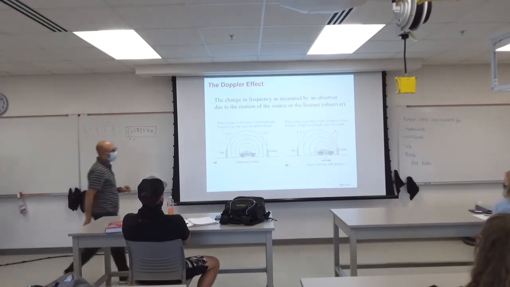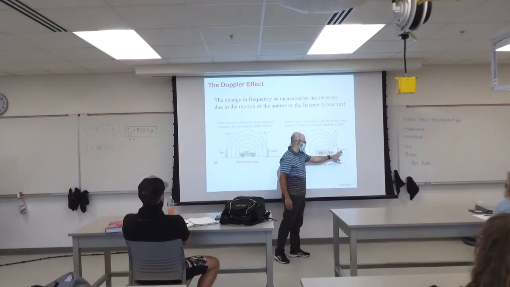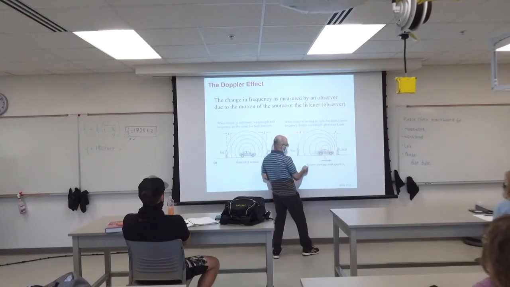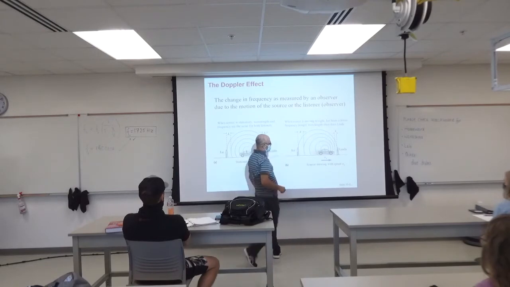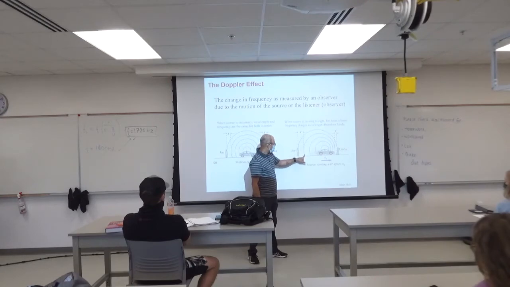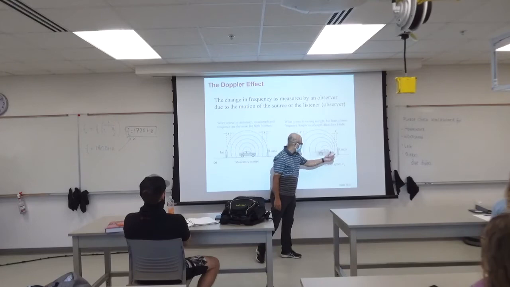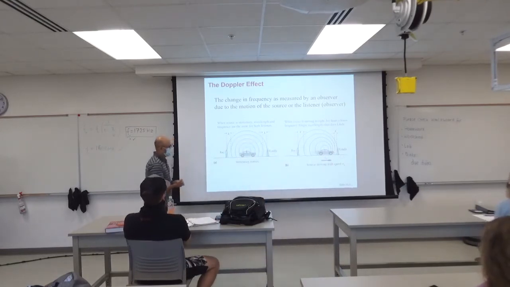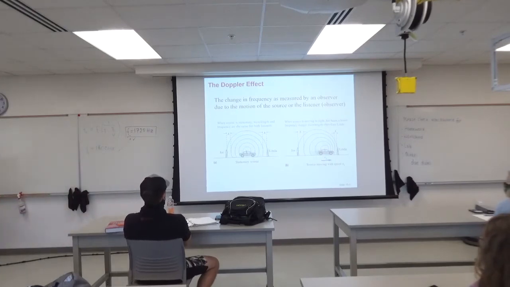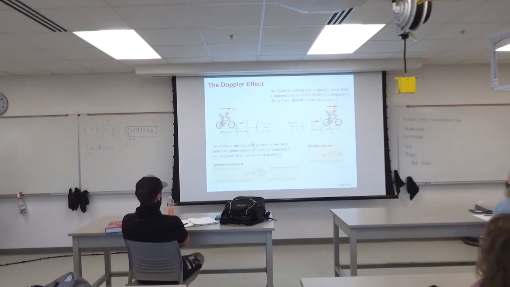Whether the source is moving towards the observer or the observer is moving towards the source, the wavelength gets squeezed. If they are moving away from each other, the wavelength gets wider. The distance between one waveform and another is the wavelength, and when they are moving closer to each other, there is squeezing of the wavelength, so the wavelength is shorter. So what do you think about this one then?